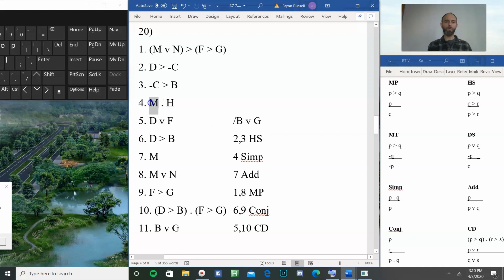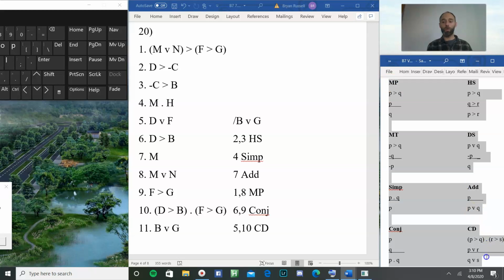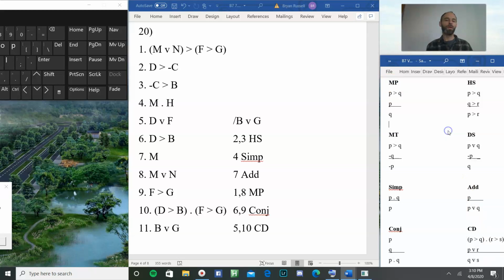I could have just simplified for M immediately on line 6 and done the hypothetical syllogism later. And that's totally legitimate. As long as every step in your proof is justified by one of these rules of inference, then you're all good.